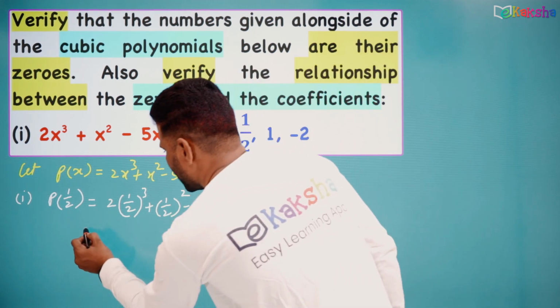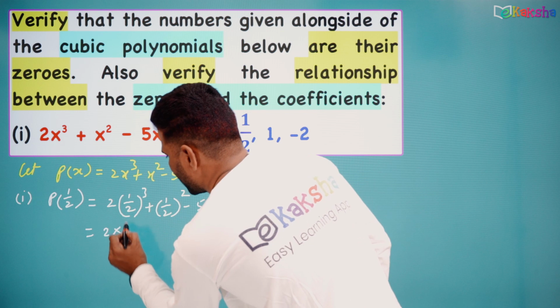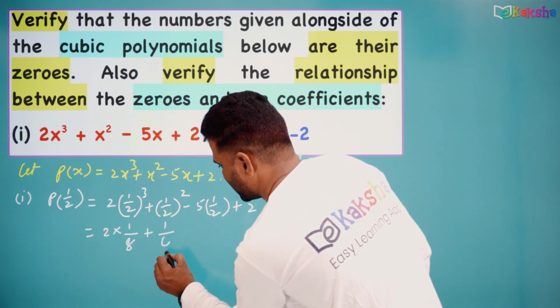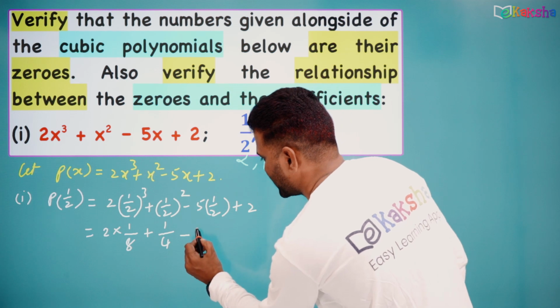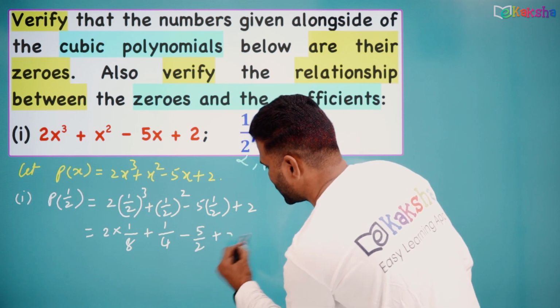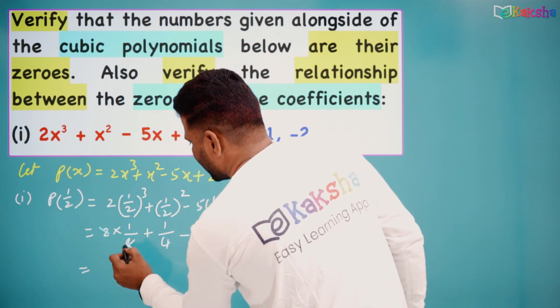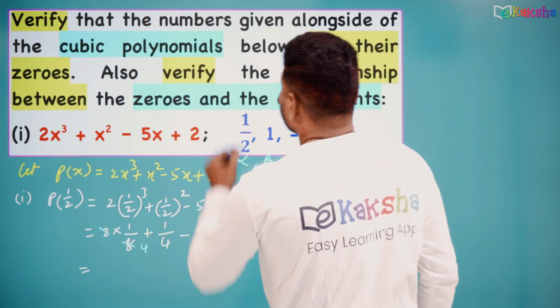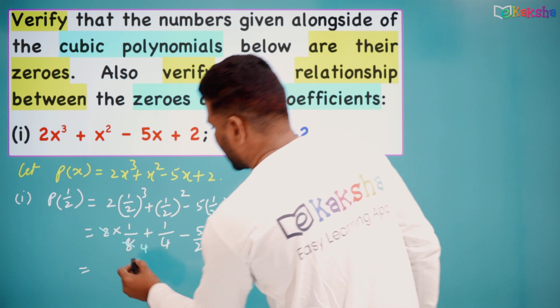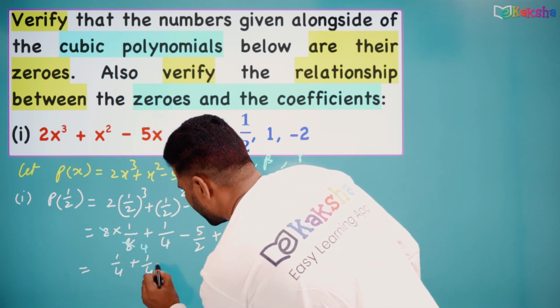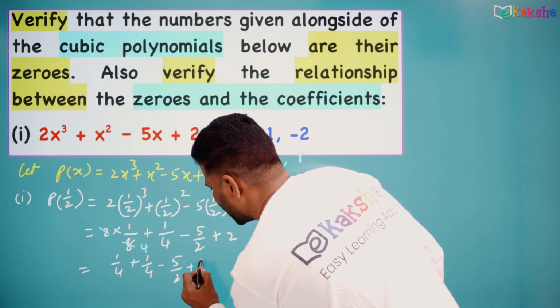Further simplifying, 2 times of 1 cube is 1, 2 cube is 8, plus 1 square is 1, 2 square is 4, minus 5 times half is 5 upon 2, plus 2. And further, 2 divides 8 4 times, then 1 upon 4 plus 1 upon 4 minus 5 upon 2 plus 2.